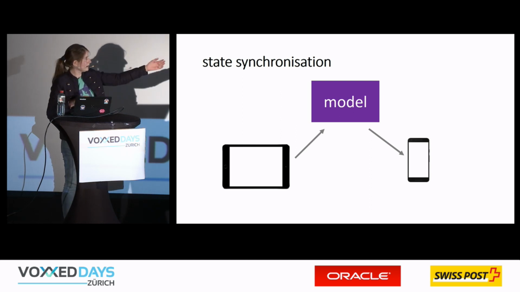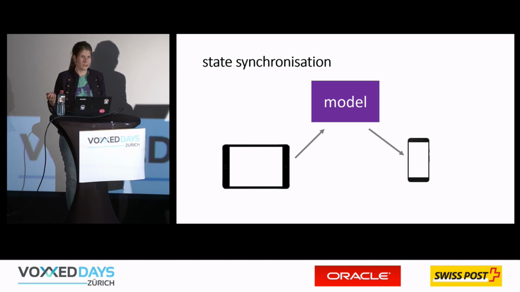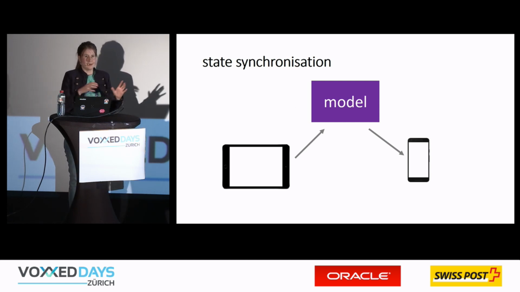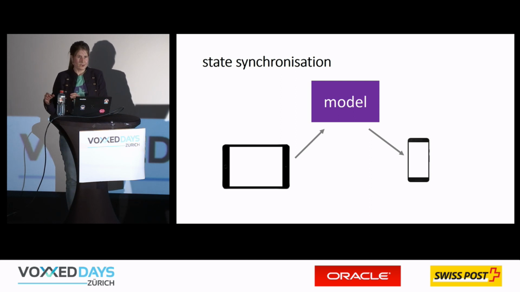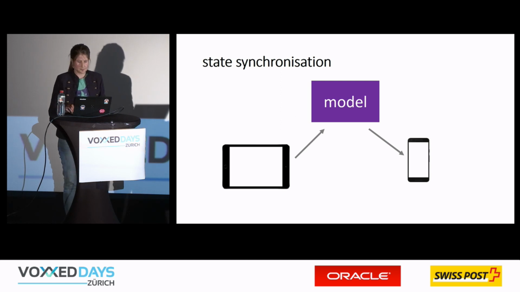So if you have an interaction with a view on a device, this triggers an update to the model. You can then take this update, send it across the network, and trigger an update to the model on the next device, and it will there then trigger an update to the view.